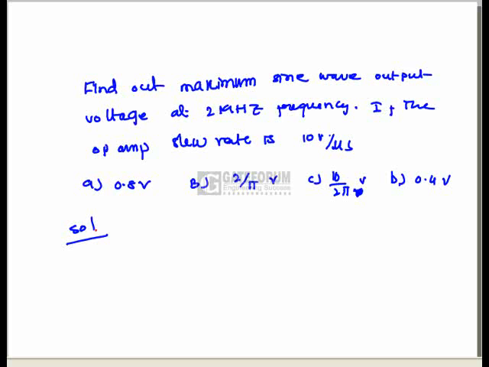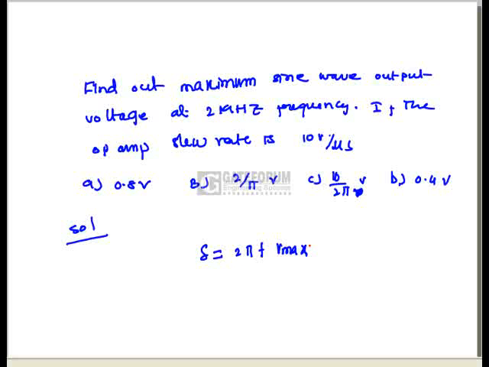Find out the maximum sine wave output voltage at 2 MHz frequency if the op amp slew rate is 10 volts per microsecond. So this is a direct question. We know the formula for slew rate, which we generally indicate by delta, equals 2 pi f times Vmax, where Vmax is the output voltage of the op amp.